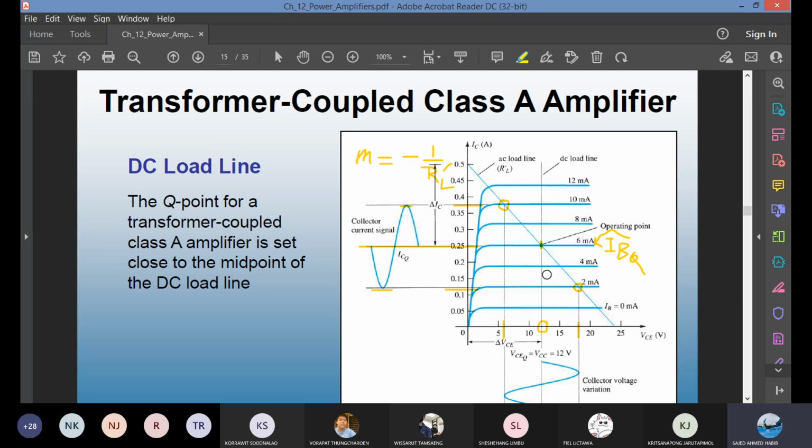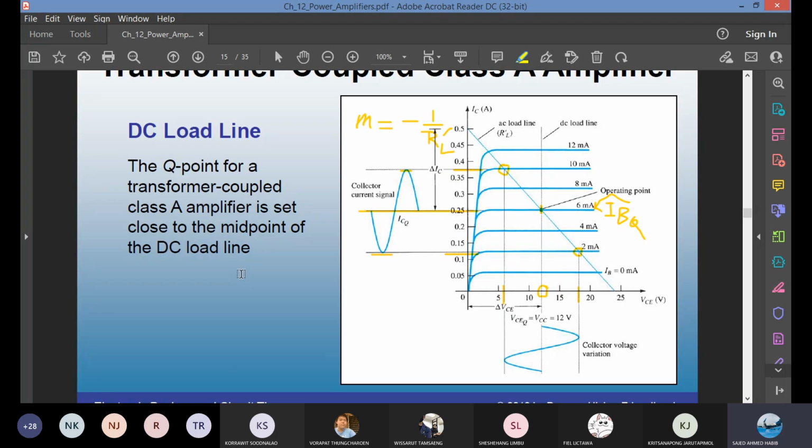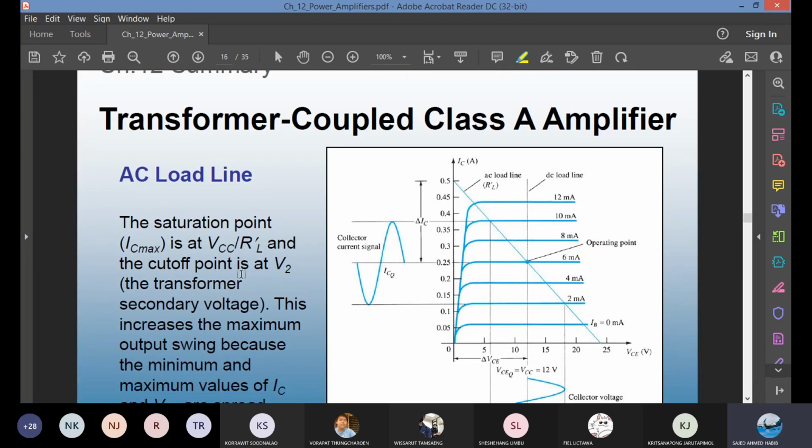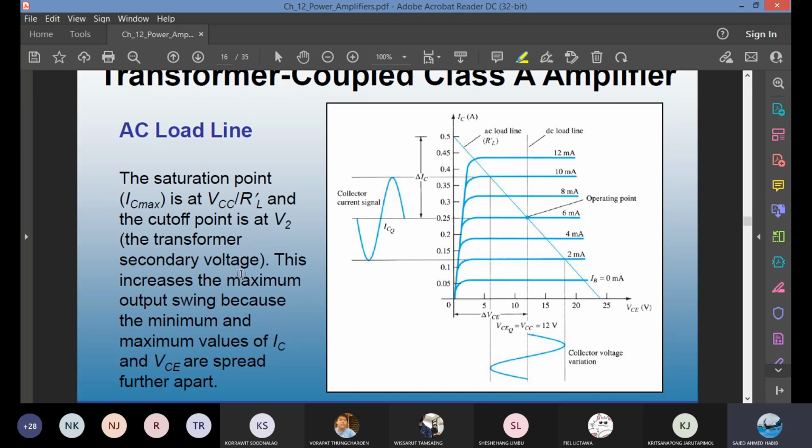So in the slide, let's go to the next one. I explained to you the max and min. So you first get your I_BQ. And then in the problem, you're given the peak swing. In this case, the peak swing is 4 milliamp. Once you find the Q point, you can draw the load line using the slope of minus 1 over R_L prime. You just extend the line and then you find the peak swing.